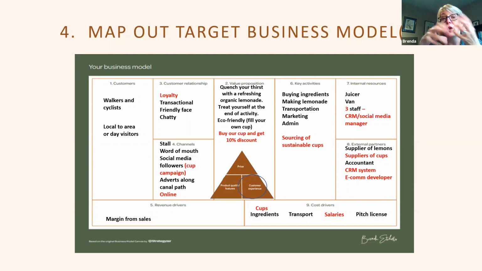Because I'm getting some loyalty and I want to keep track of my customers, I might start a CRM system. And I'll need some e-com development so people can buy the cups online. So my costs have immediately gone up because I've now got the cost of cups, and I've got some increased salaries and maybe some website costs as well. But hopefully that would drive additional margin.